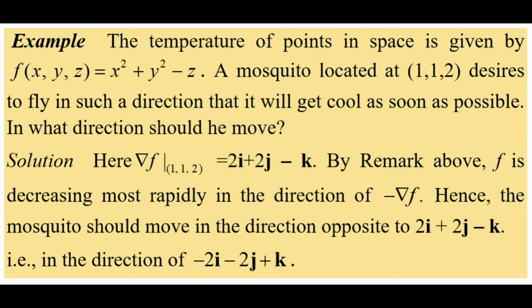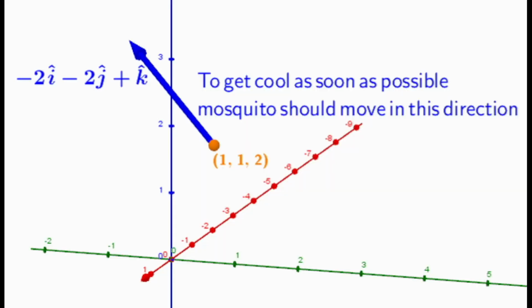Hence, the mosquito should move in the direction opposite to 2i plus 2j minus k, and that is obtained by multiplying this vector with the scalar negative 1, and it is in the direction of negative 2i minus 2j plus k.